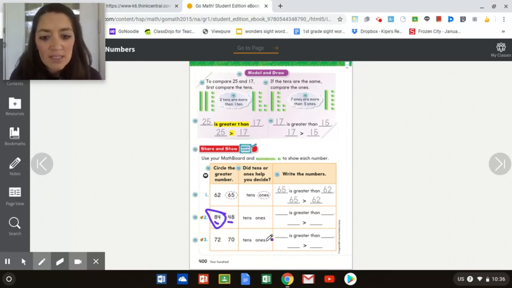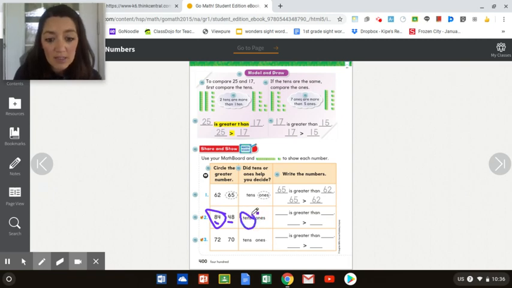And it said, did the tens or ones help you decide? What did we look at? We just looked at the tens because the tens were different. We didn't have to look at the ones. So the tens are what helped us decide. Then it says blank is greater than blank.